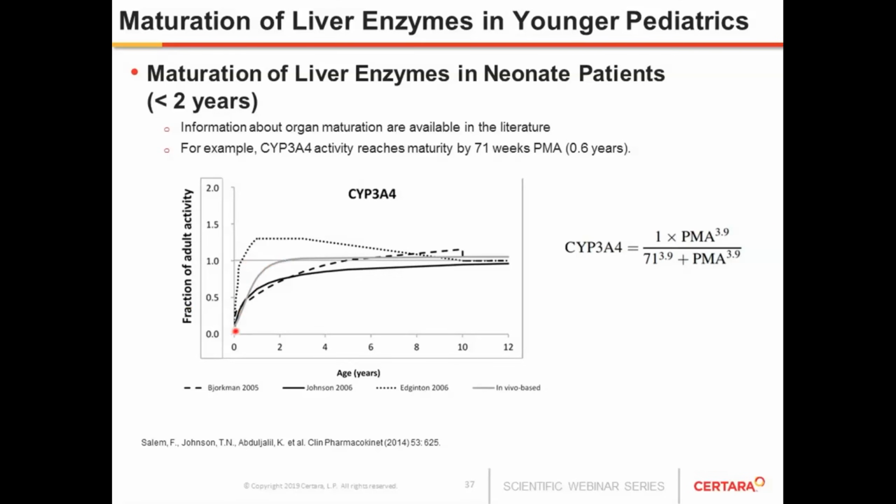The best fit in this plot is the solid gray line. This should be taken into account if simulations are performed for neonates for a drug involving this metabolic pathway.